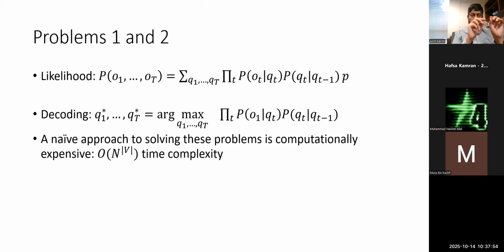So if you have solved a problem for a smaller time index, let's say starting from time 0 and time 1 and time 2, let's say you have solved it for time 2, you can solve it for time 3 by just looking at the solution for time 2. So if you recall, this setting is your dynamic programming setting. You can solve complex problems by looking at the solutions for simpler problems. So you can make this problem solution efficient for both likelihood and decoding by using dynamic programming. Okay?